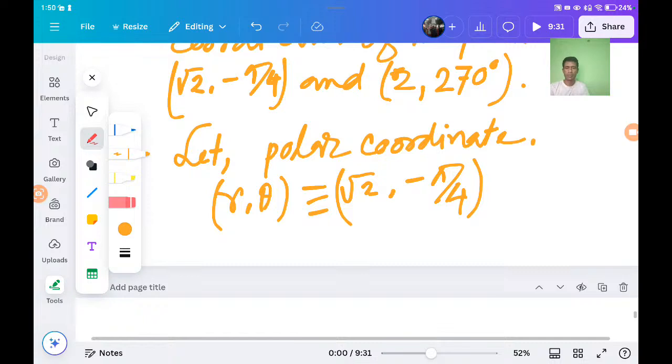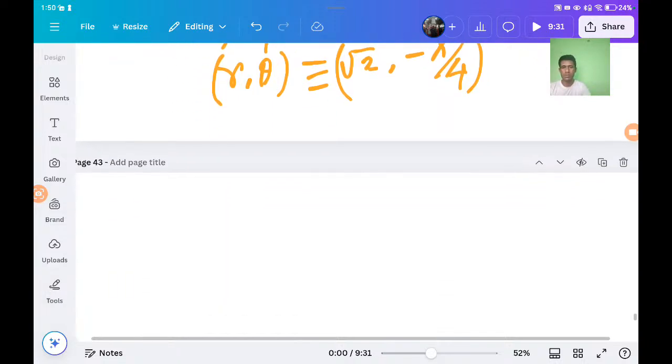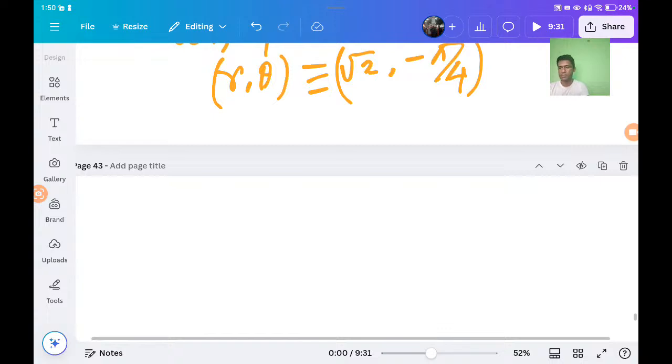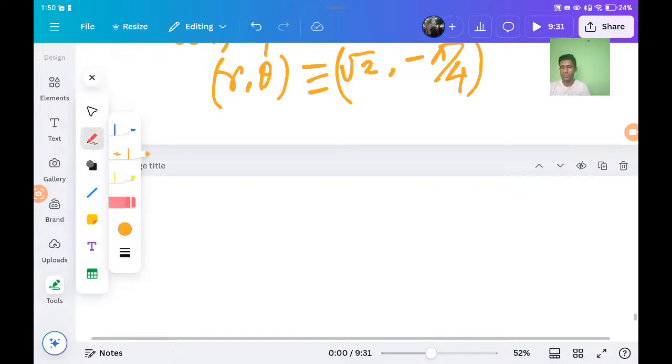We know that the Cartesian coordinates x, y will be r cos theta and r sin theta respectively, according to the rule.